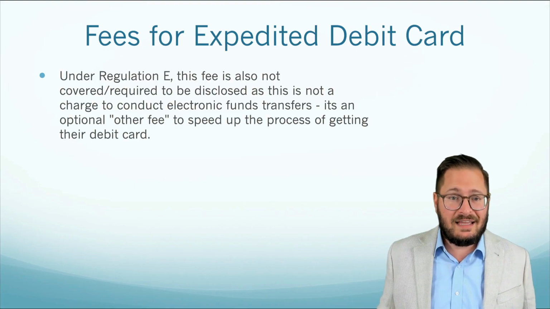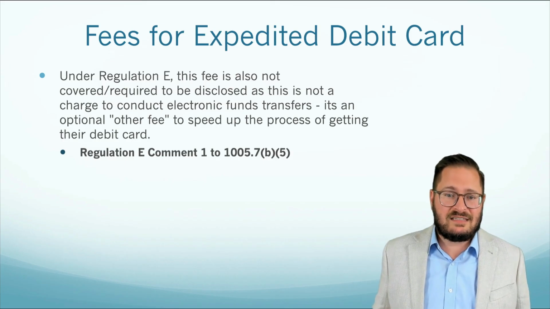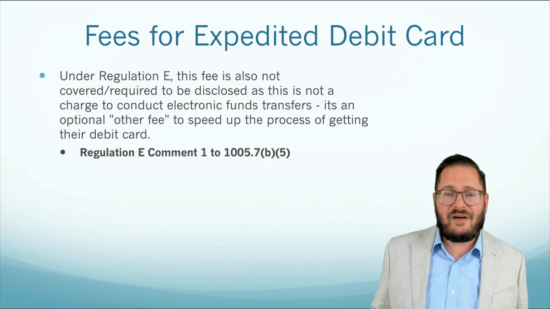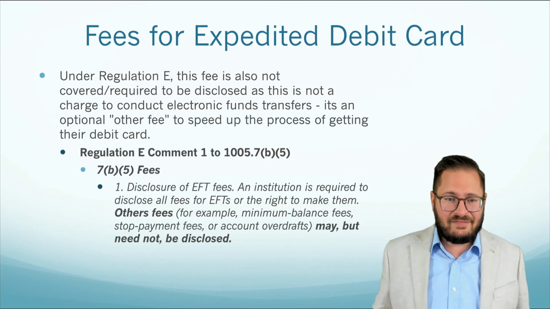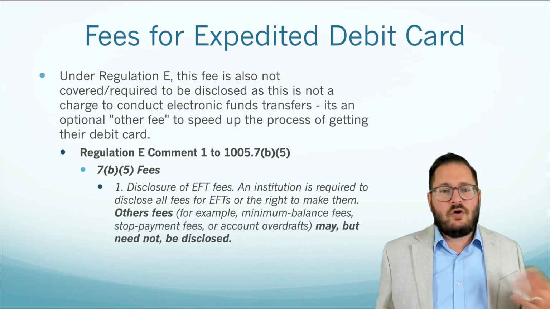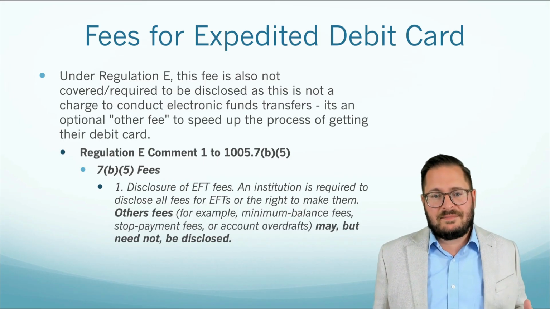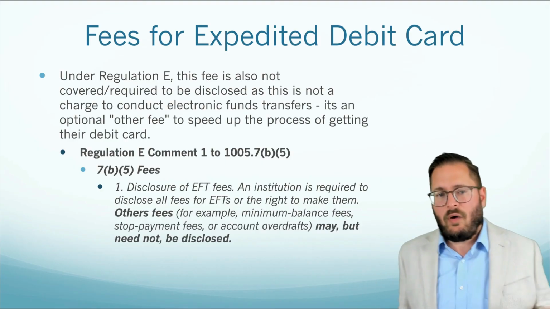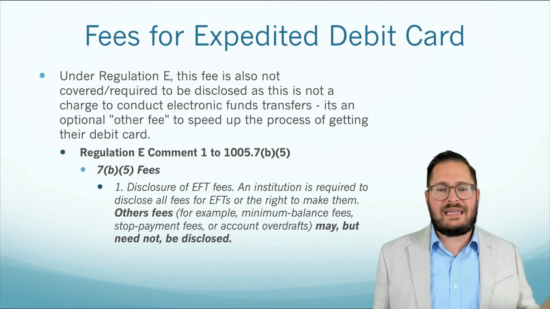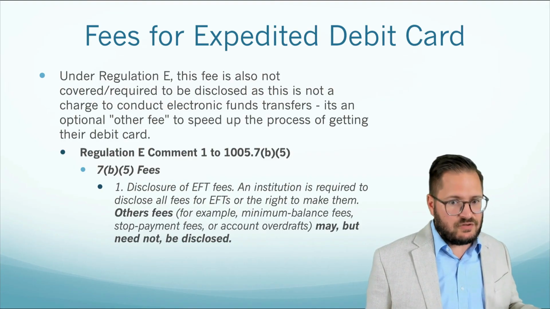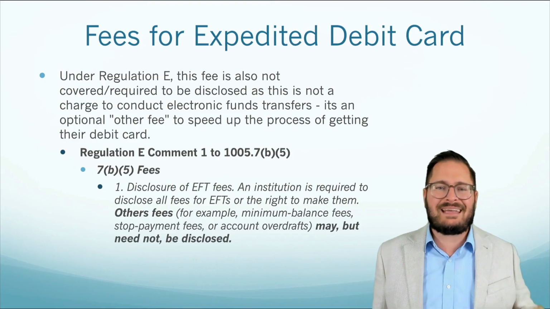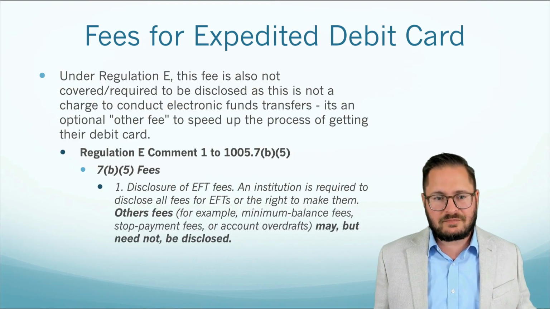Now, specifically, the commentary tells us this. It's Comment 1 to 1005.7(b)(5). It says, disclosures of EFT fees. An institution is required to disclose all fees for EFTs, electronic funds transfers, or the right to make electronic funds transfers.